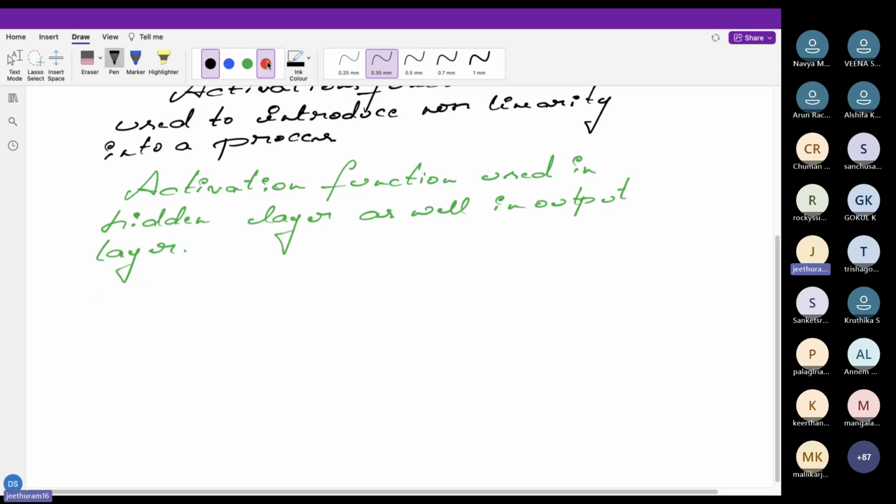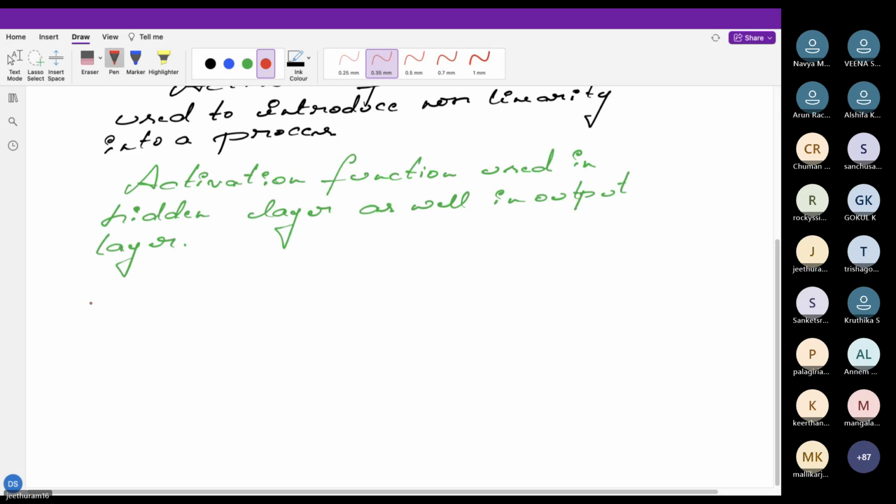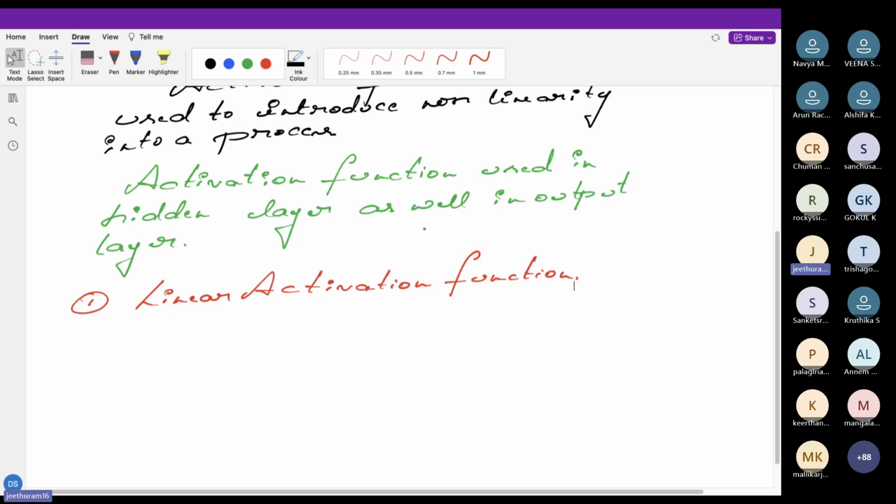The very first activation function is the linear activation function. Just remember in which layer it is usually used, what its range is, what the formula is, and how the graph looks. That's more than sufficient.